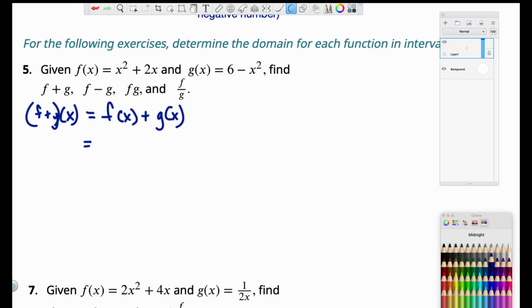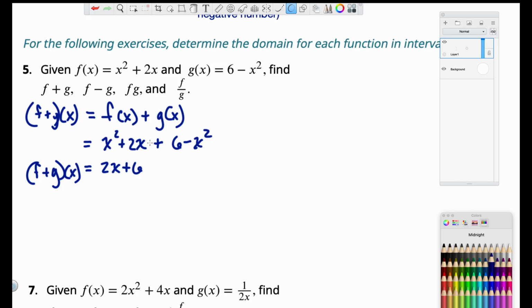So f of x we're calling x squared plus 2x, and we're going to add the g of x to that. The g of x is 6 minus x squared. If we add like terms, x squared minus x squared cancels, and we're left with 2x plus 6. So f plus g of x is 2x plus 6.